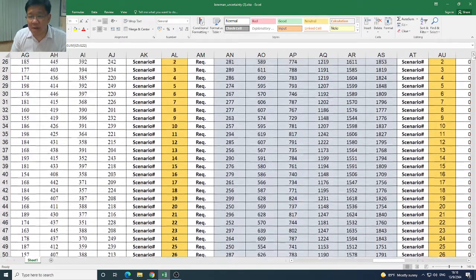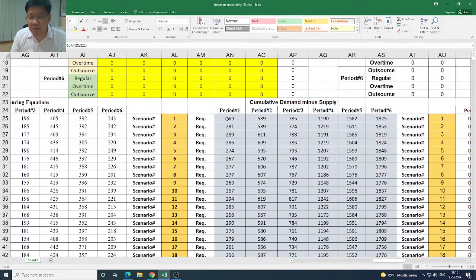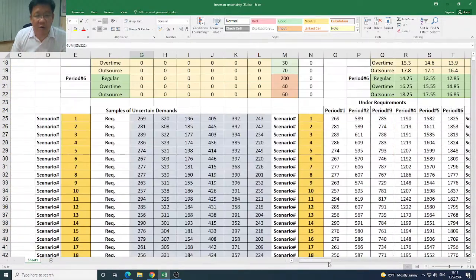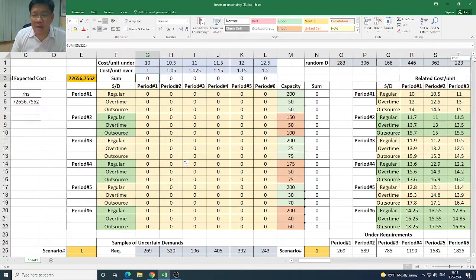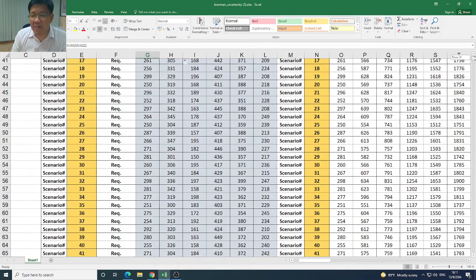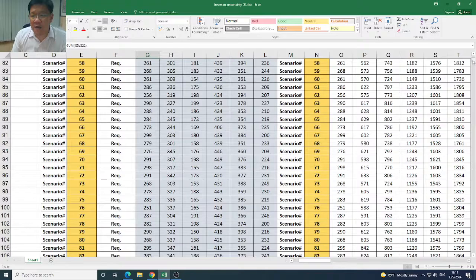this column of cumulative demand minus supply. So the demand minus supply here is a cumulative value of the demand for each period, for each scenario, minus the summation. And now all the summation is 0, because the summation of x ij for all i, we have no allocation of x i j here. We have no allocation here as a starting point.